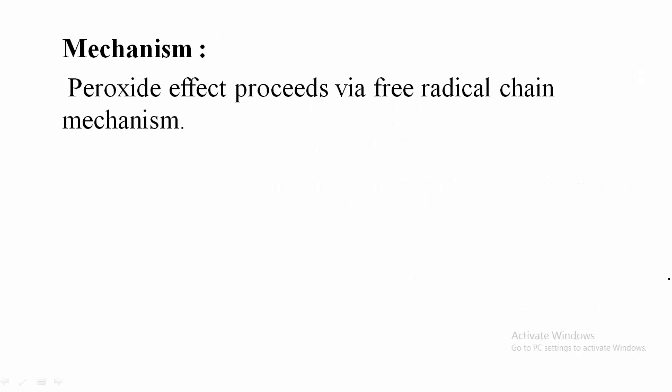The peroxide effect proceeds via a free radical chain mechanism. That means here the formation of free radicals will take place. As you already know, in a free radical mechanism, three steps will be present: initiation, propagation, and termination.